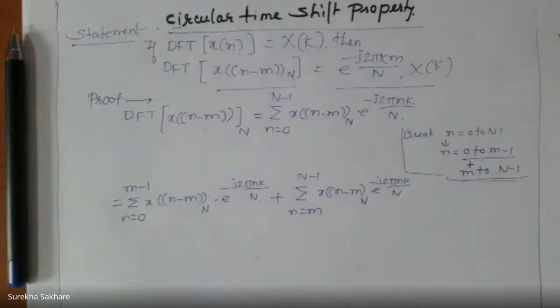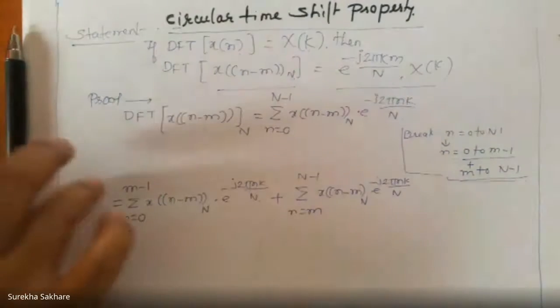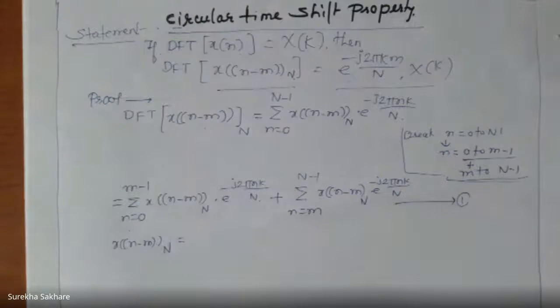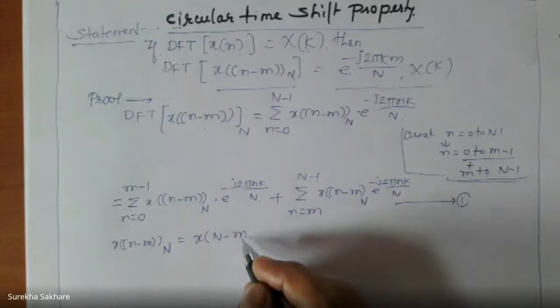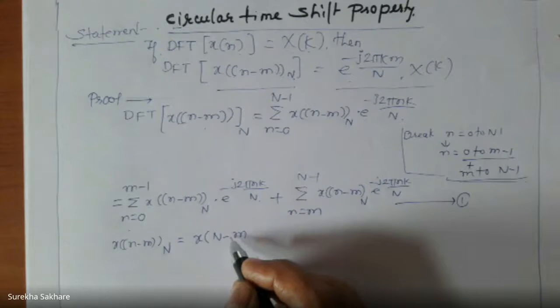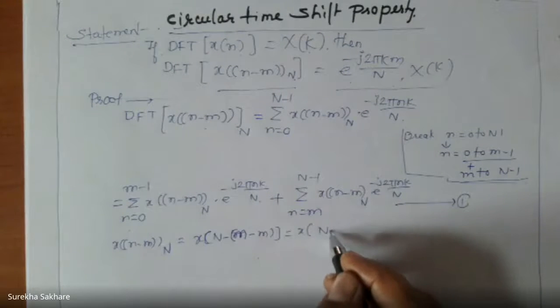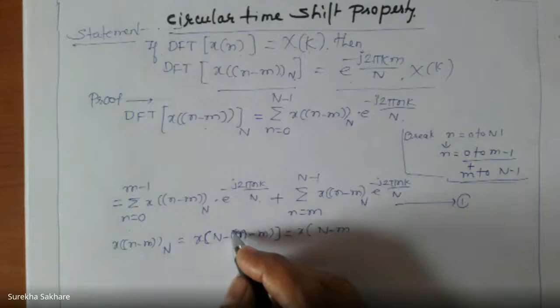That is, we can say n minus m, like this. So if I simplify this, it will be x of n minus m.